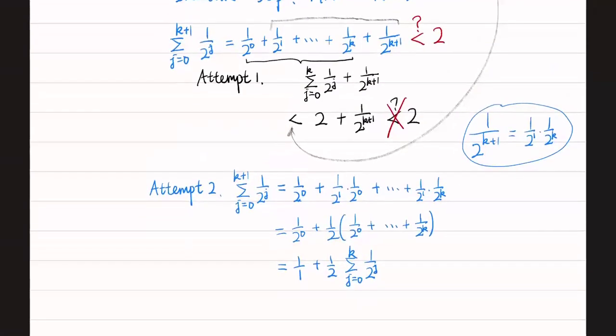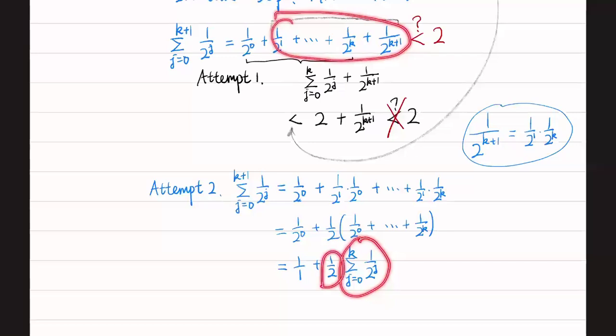So instead of using the first k plus 1 terms, we use the last k plus 1 terms. We end with the same term, but with a half in front of it. Now we can apply the inductive hypothesis. This part is less than 2 by our hypothesis.